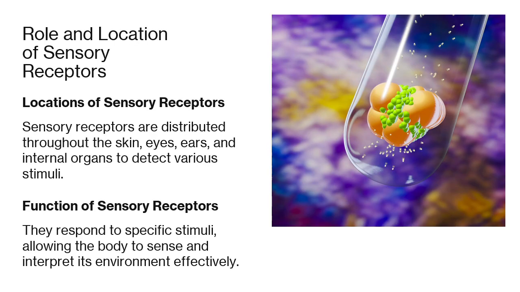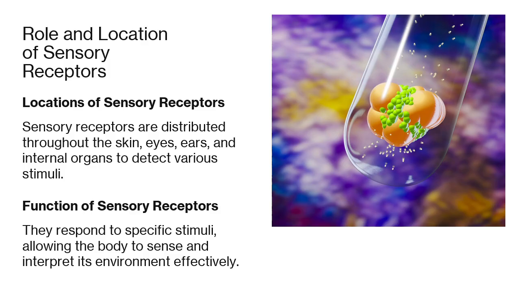So the role and location of these receptors, obviously in terms of location, they're going to be distributed throughout the skin, the eyes, the internal organs. They function by responding to specific types of stimuli, enabling the body to perceive its surroundings.